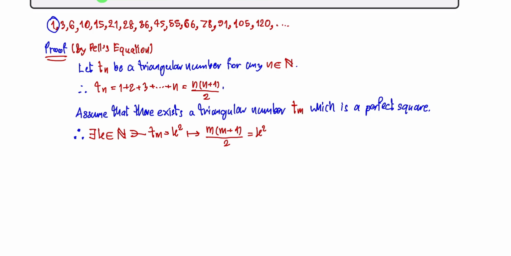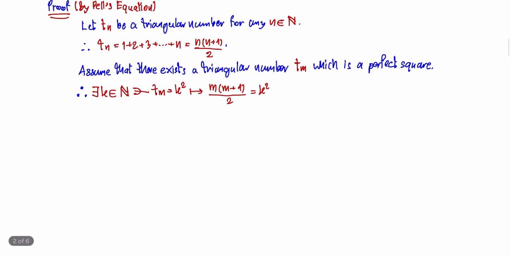From now on, to show that there are infinitely many triangular numbers which are perfect squares, we have to show that this equation has infinitely many solutions, right?